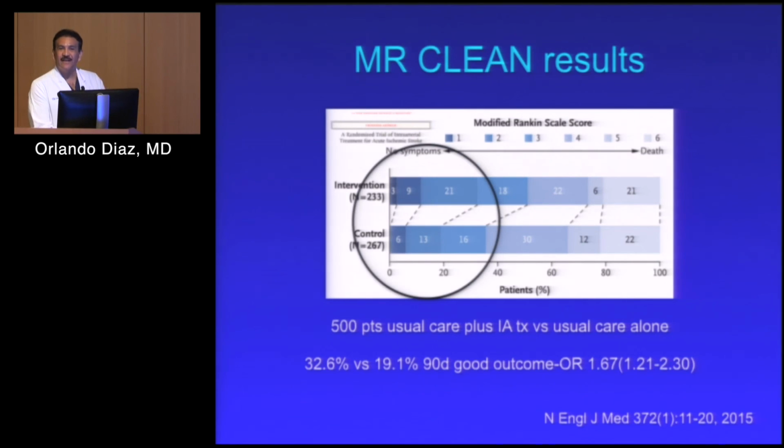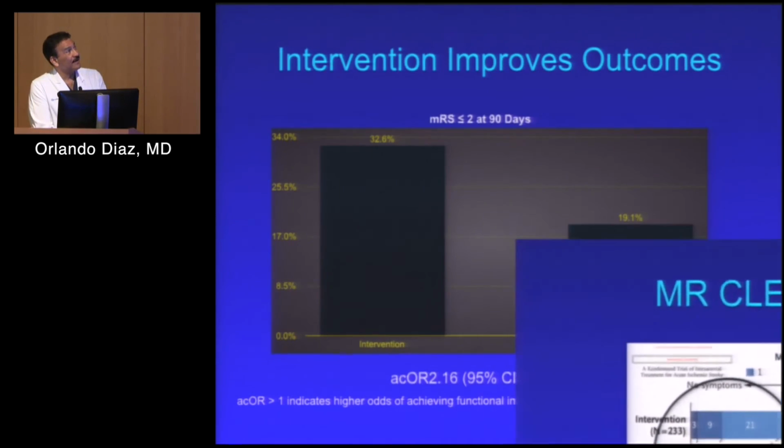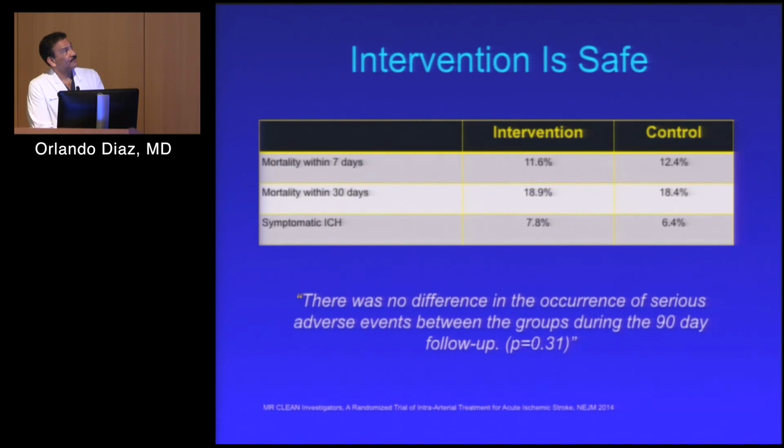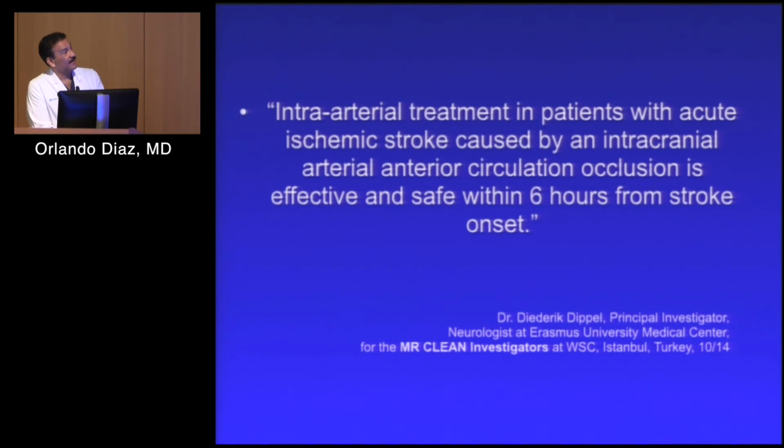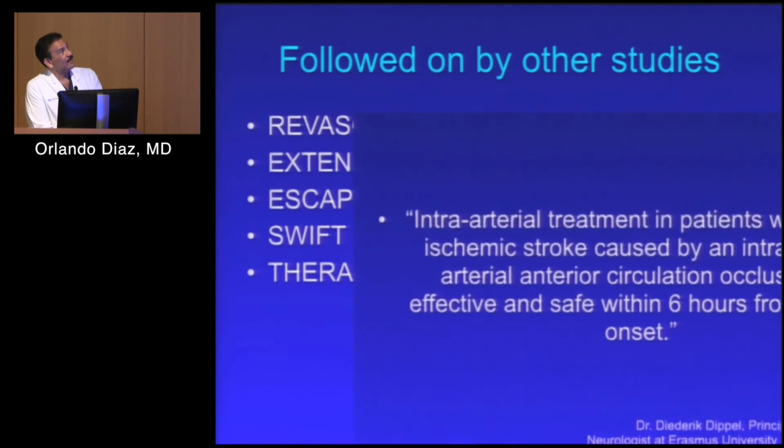So MR CLEAN, after IMS3, synthesis, MR RESCUE, showed that what you're doing, don't do it in everybody. Find specific patients. And MR CLEAN was the first one. Simultaneously, everybody started talking about that.